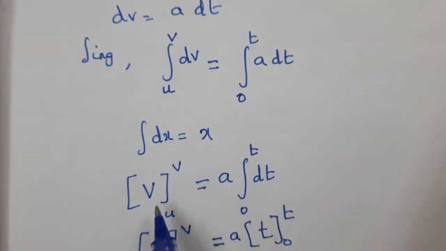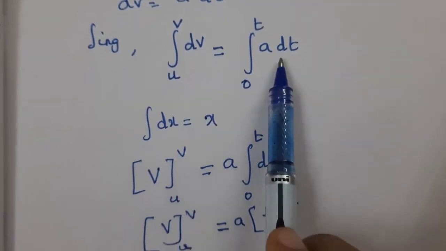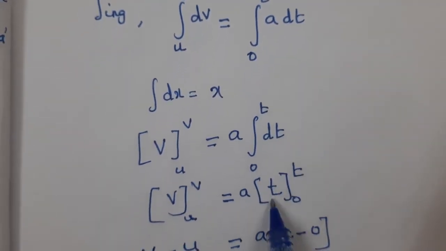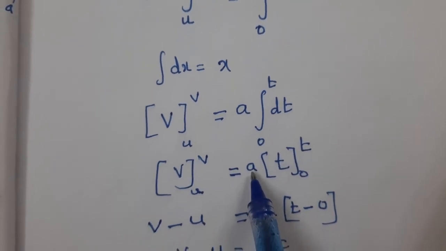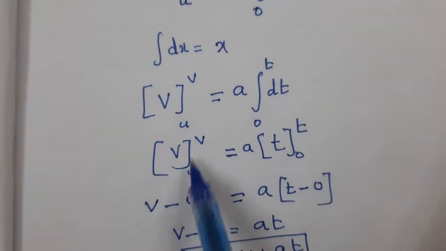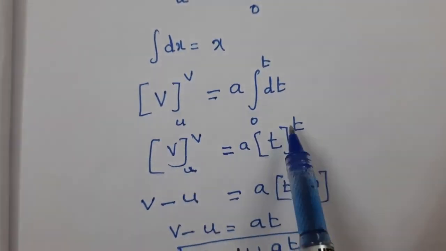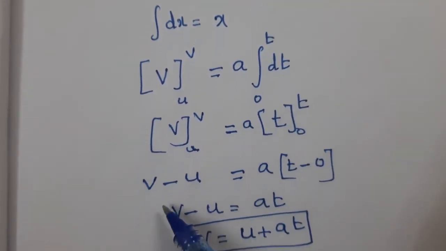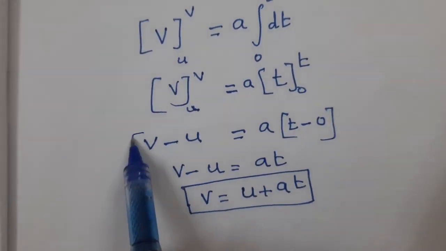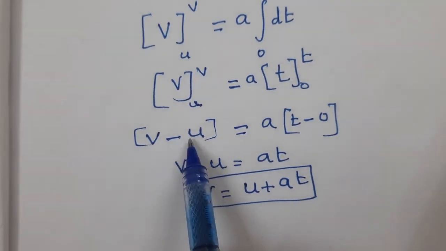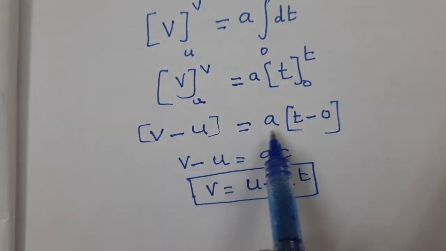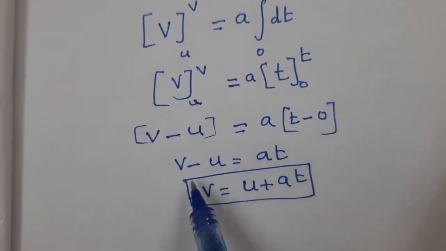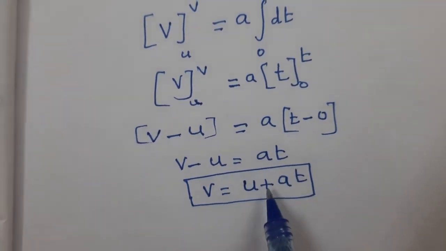Apply here. So, integration of dv is v, integration of dt is t. A is taken outside, constant. And apply the limits, that is u to v and 0 to t. When we are applying limits, we have to put first the upper limit, next the lower limit. Upper limit minus lower limit. So, v minus u is equal to a into t minus 0. That is v minus u equal to at, v equal to u plus at.